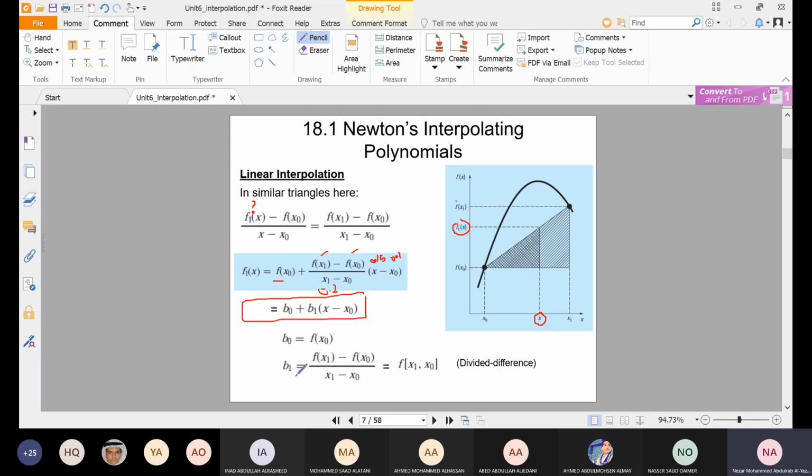B1, we call the first divided difference, and we denote it by this form, f[x1, x0]. There is no difference in the value if you take x0, x1 or x1, x0; you get the same estimate at the end. So the order of data is not important here, and changing it will not affect the result.